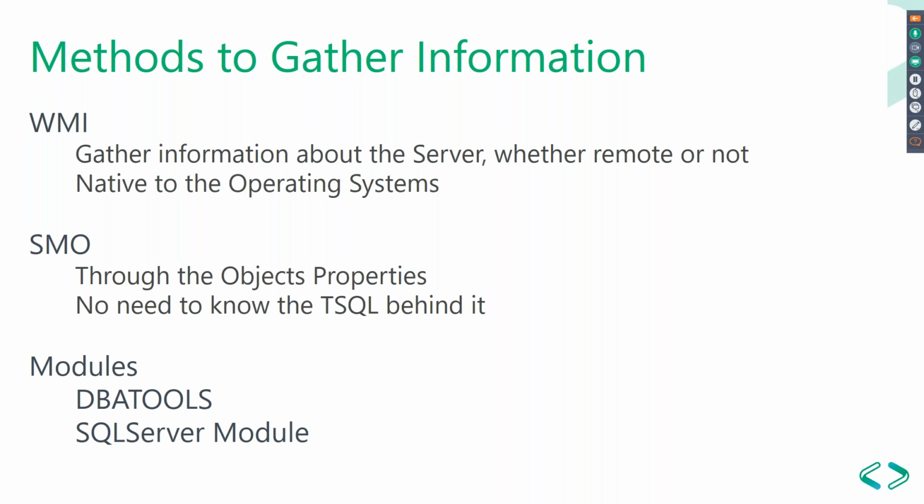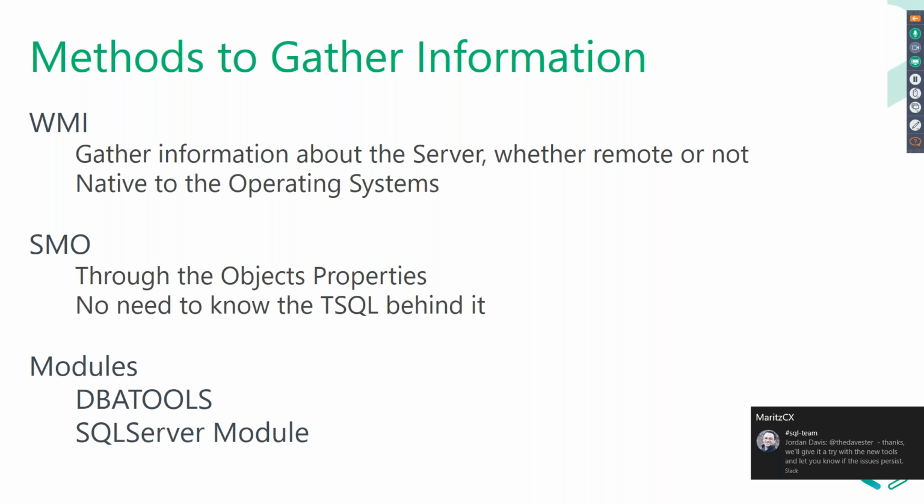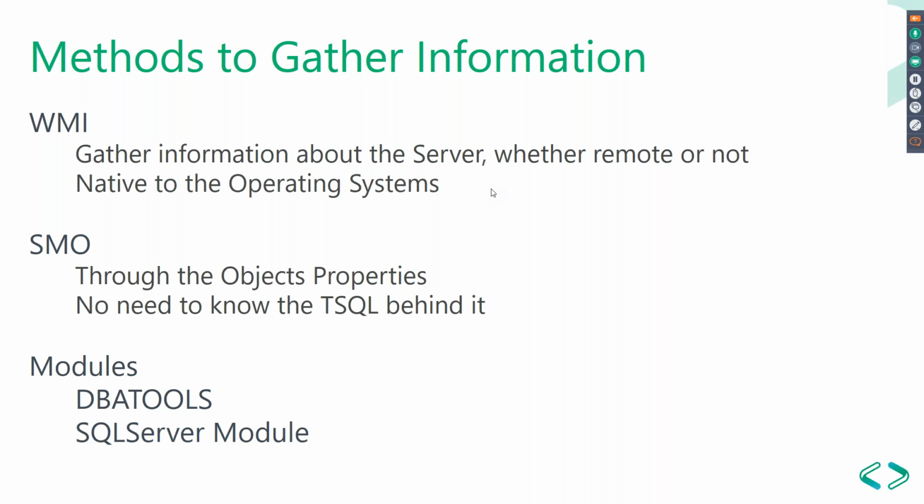So the methods are a few. One of the methods you can gather information is WMI. If you haven't ever used WMI inside PowerShell, there is Get-WmiObject. There's also other things like Get-CimSession that you can use to gather information that is natively kept in the operating system. WMI stands for Windows Management Instrumentation, which means that you end up with a lot of information that is just part of your operating system that you may not ever look at because you're a SQL Server DBA or you work in SQL Management Studio.